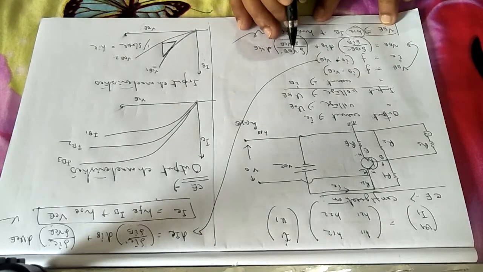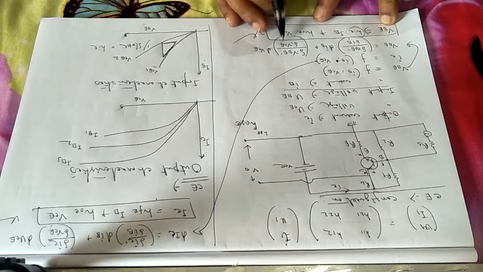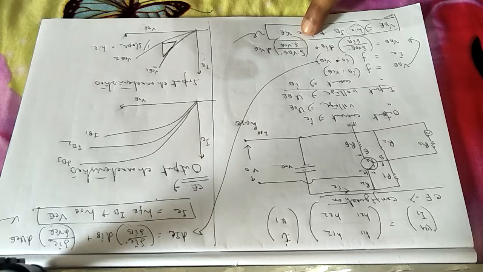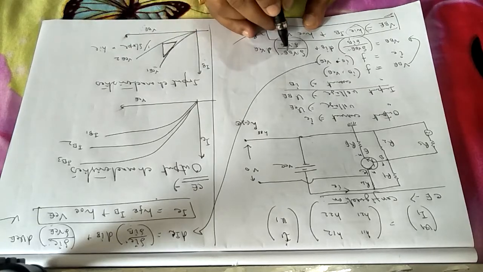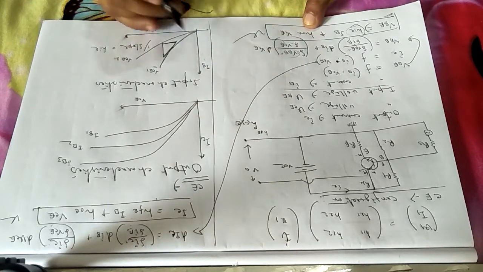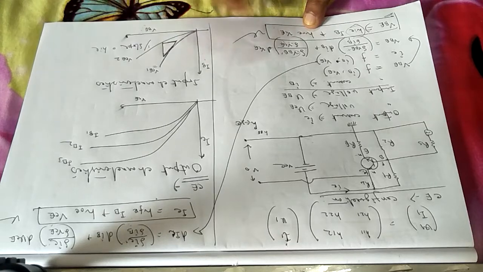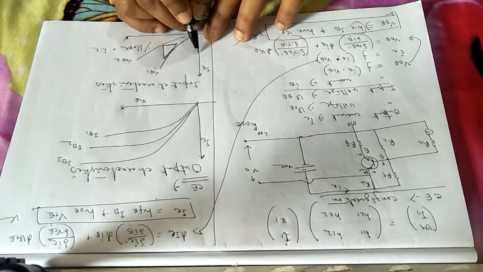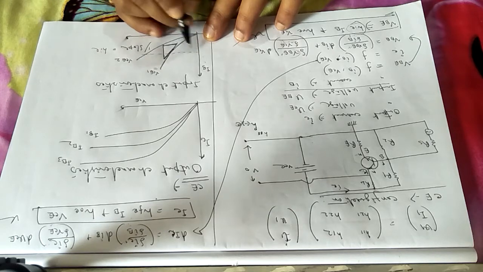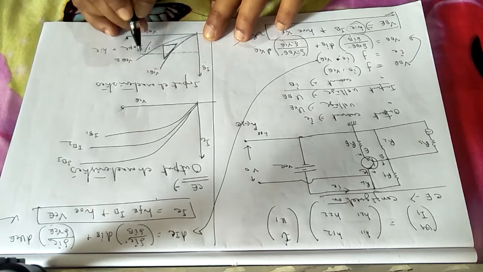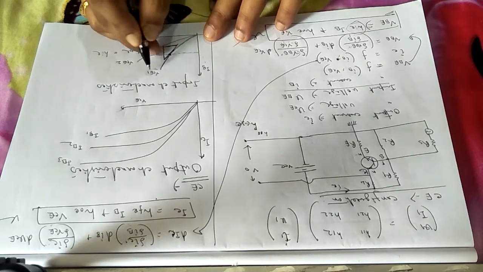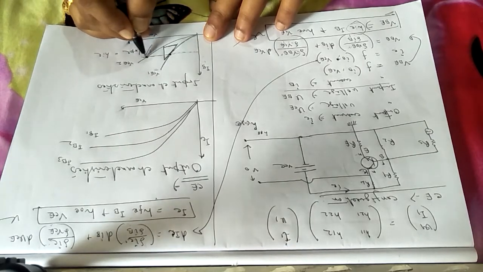Look at the second parameter, VBE by VCE, when the other parameter, that is IB, is constant. If IB is constant, I have to look at VBE by VCE. How can I make IB constant? Suppose I draw one horizontal straight line here; on that line all the values of IB will be constant. Now it is intersecting the VCE1 curve here and the VCE2 curve here.